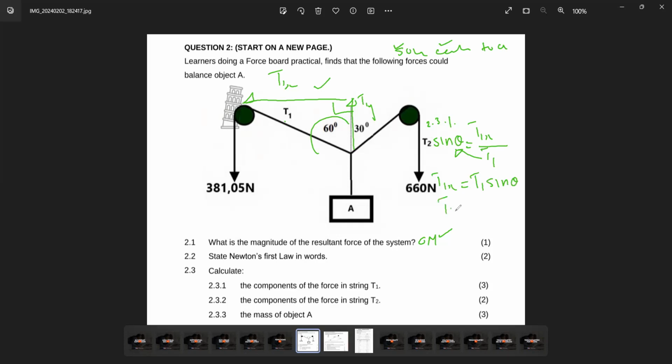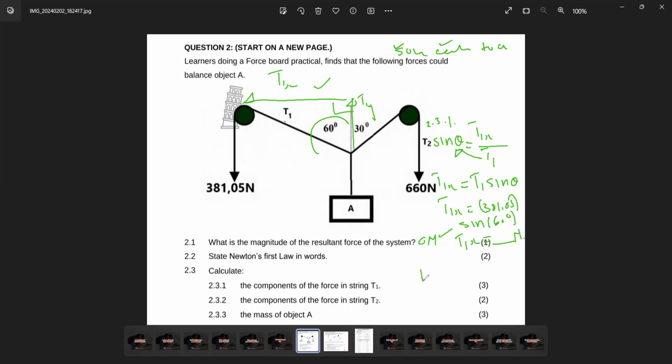Then T1x equals 381.05 sine 60 degrees. Then T1x is equal to the number that you get, in Newtons. This is our horizontal component because this is the opposite. That is how we find it.